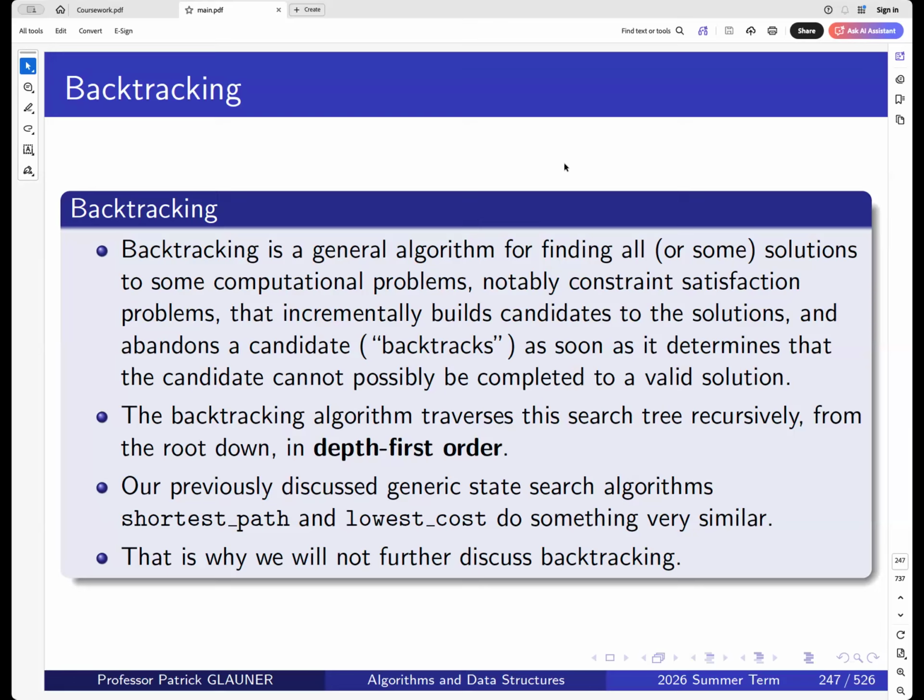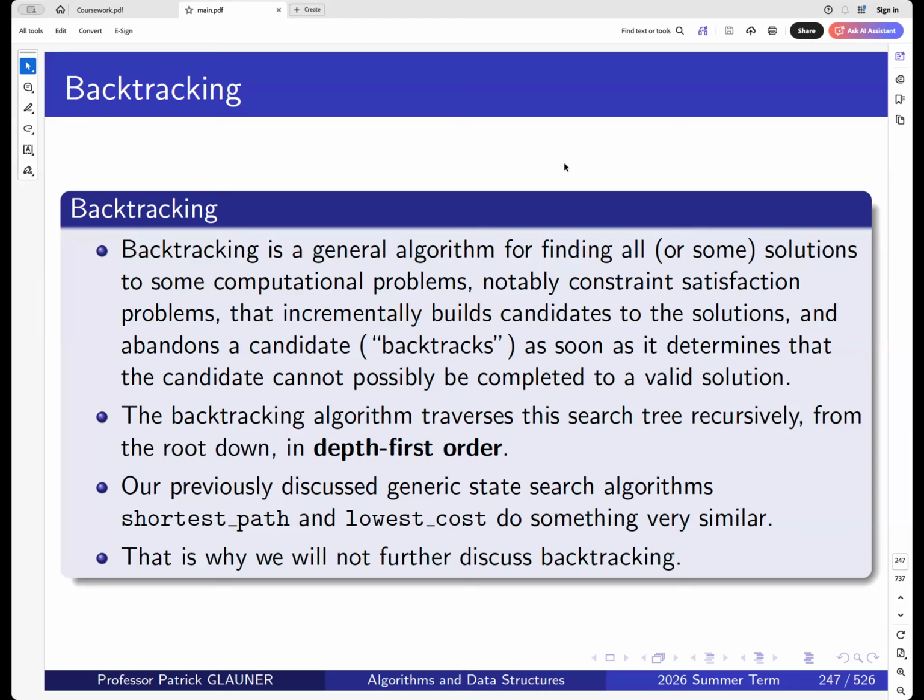So, backtracking is a general algorithm that would find all or some solutions to a computational problem. Usually, you would have some constraints and you would then incrementally build your candidates to the solution. And once we determine that we need to abandon a candidate and we can't progress there, we go back, so backtracking, to a previous valid solution.